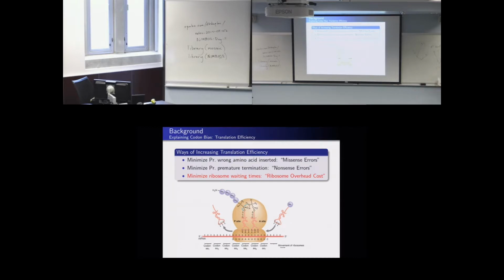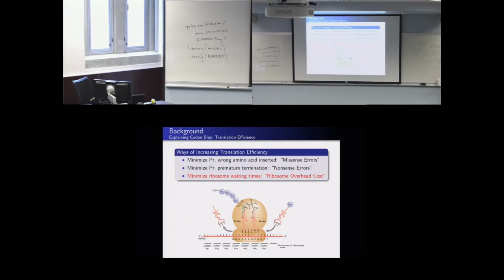So what I'm trying to talk about today is the simplest model we can use, and it's thinking about selection on different synonymous codons to minimize the waiting time the ribosome spends looking for the correct tRNA. We call this our ribosome overhead cost model, and I'll sometimes refer to it as the ribosome waiting time model.